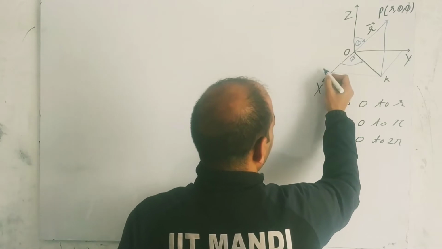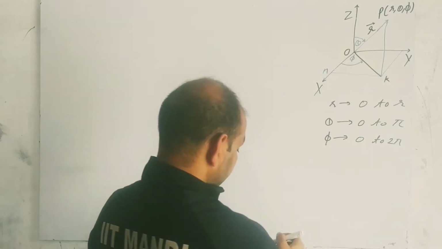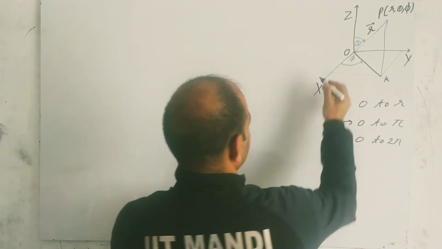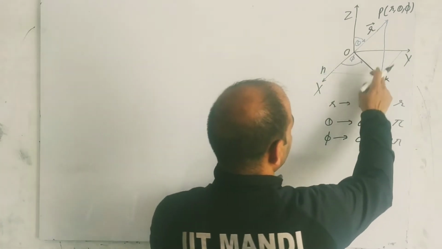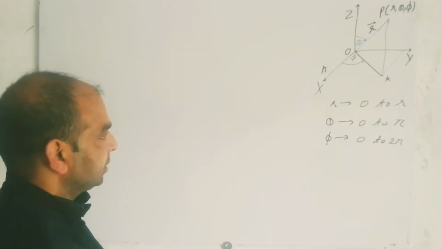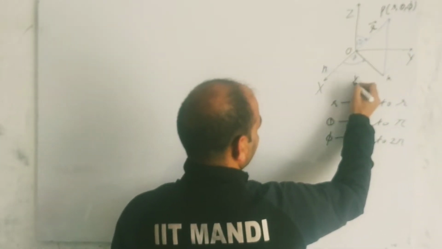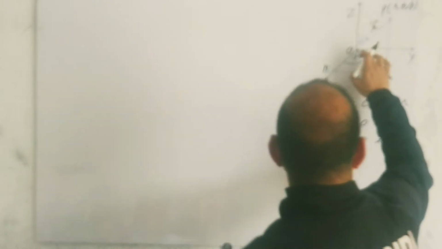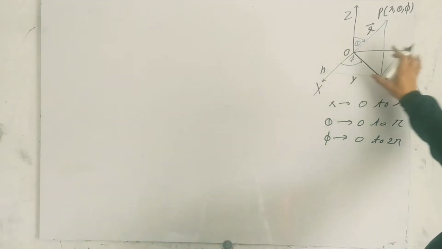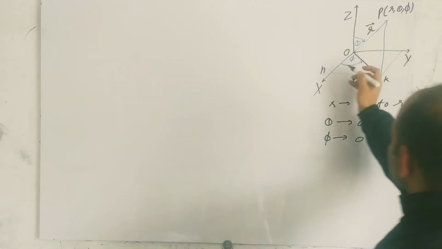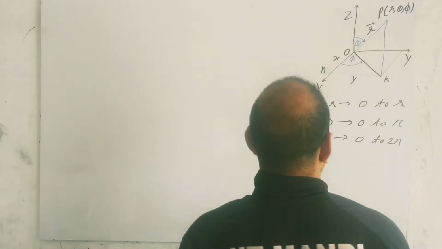I am writing it n. This NK is parallel to the y axis. So if it is y, then this is also going to be y. Again this ON and KP, these two are parallel. So if this is x, this is also x. I am writing x here.